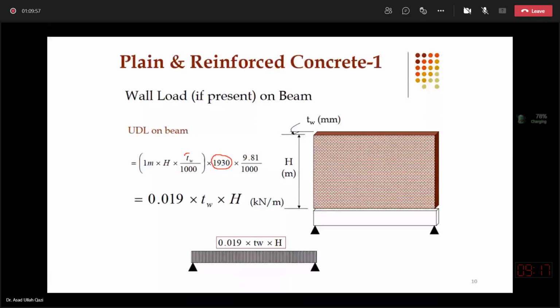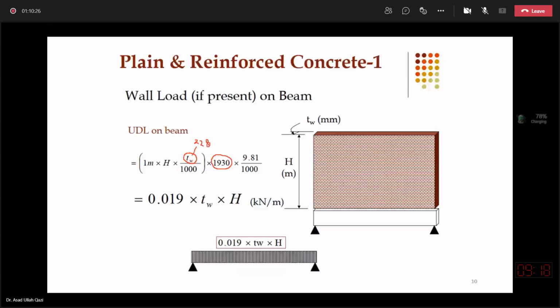If it is a 9-inch thick, 228 millimeter wall, or a 114 millimeter or 4.5-inch thick partition wall, accordingly you will decide TW. Since we are using SI units, we normally use 228 for 9-inch and 114 for 4.5-inch, one brick width.